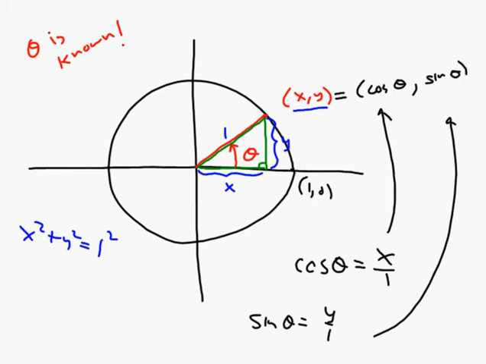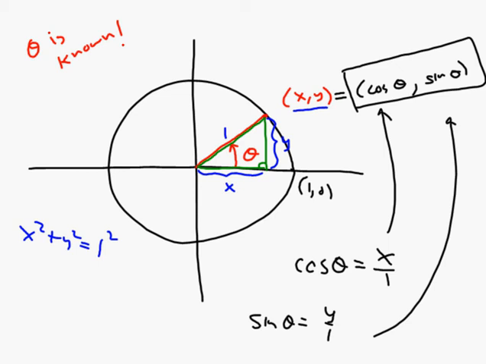And we have shown that my claim was true, right? That if you know theta, you know the point on the circumference of the circle that corresponds to that theta. For every theta, there's exactly one point that corresponds to it on the circumference of the circle.